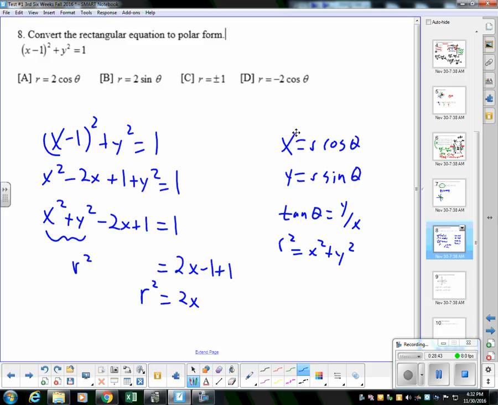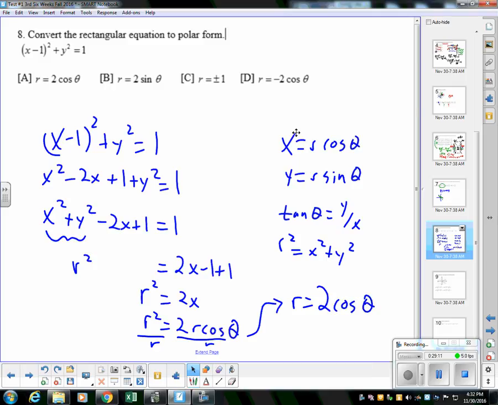And then if you remember, x is the same thing as r cosine of theta, isn't it? So r squared is equal to 2 times r cosine of theta. We don't want this in terms of r squared, we want it in terms of r. But if we divide both sides by r, then we are left with r is equal to 2 cosine of theta.